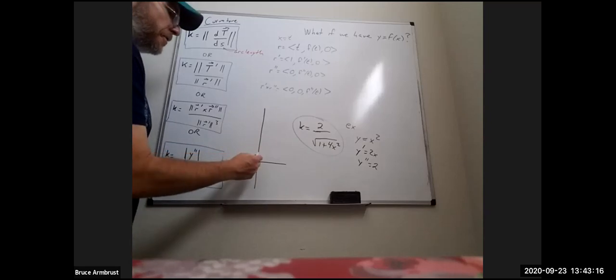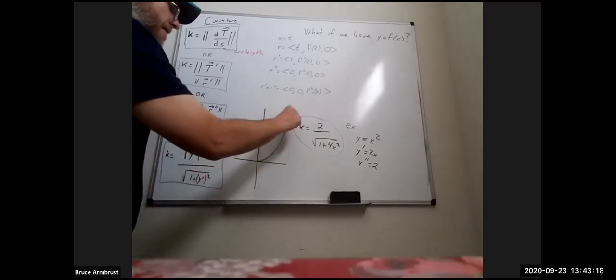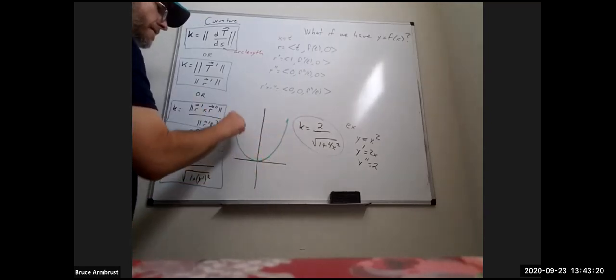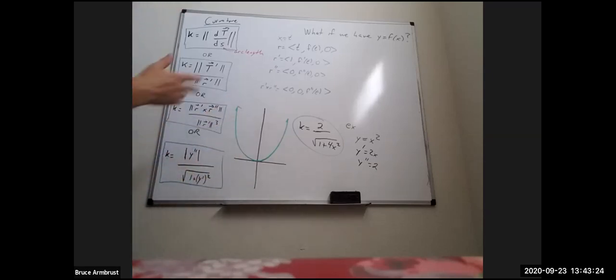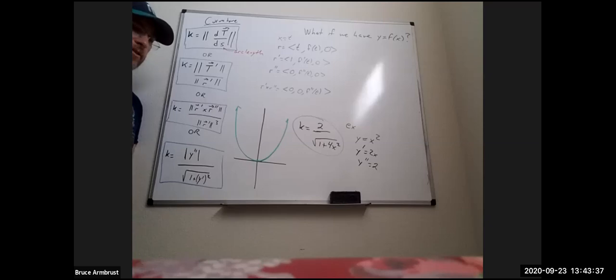But check this out. So you know x squared, it's good old parabola. So let's think about curvature. What point on this is going to have greatest curvature? Are there ways to measure curvature that have units for like engineering or something like that? No, it's dimensionless.